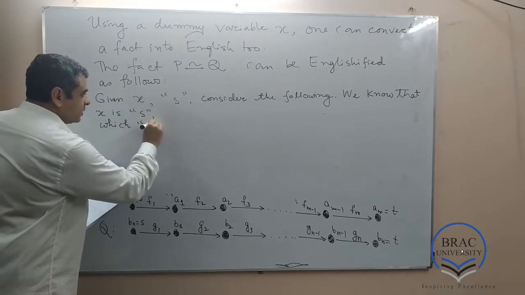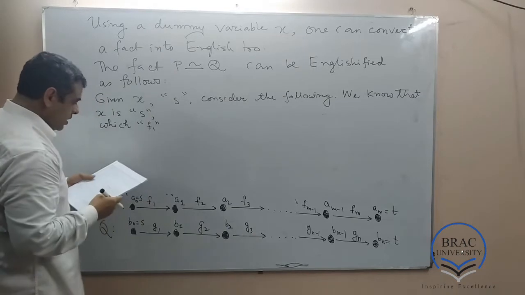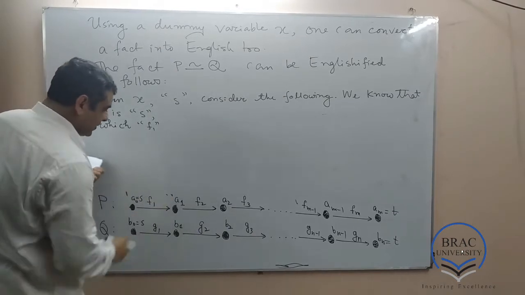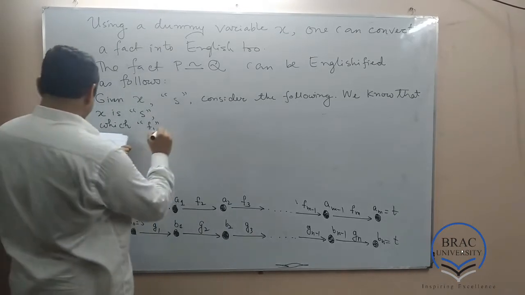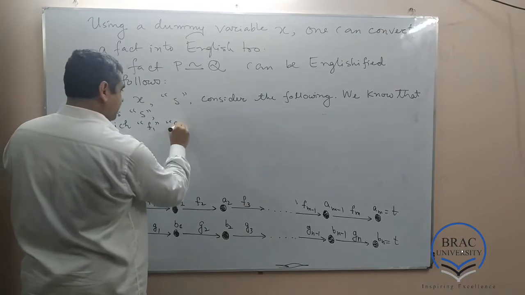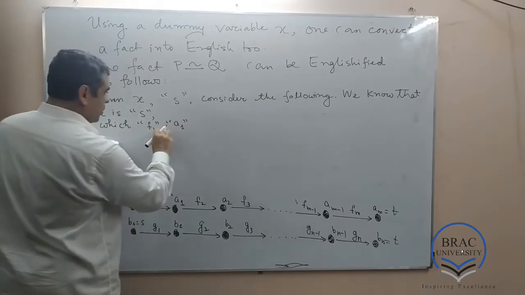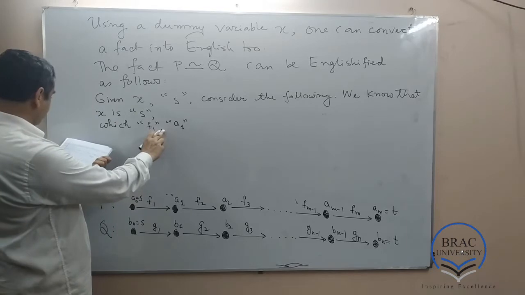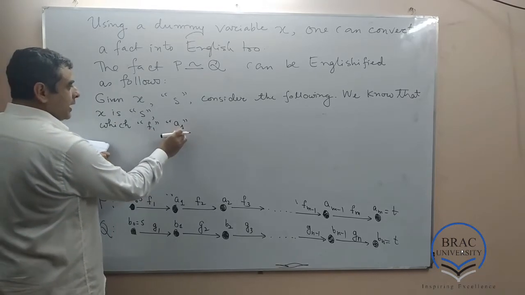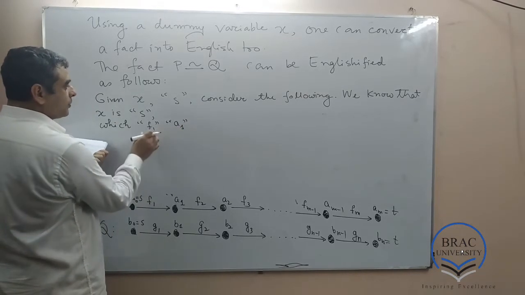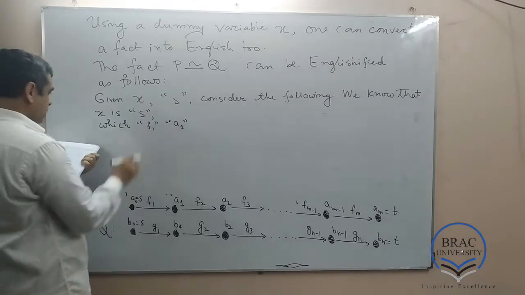F1 is this first arrow, and A1 is the second object here, F1, A1, without a comma in between, okay? There is no comma here. You just write A1 within inverted commas next to F1.